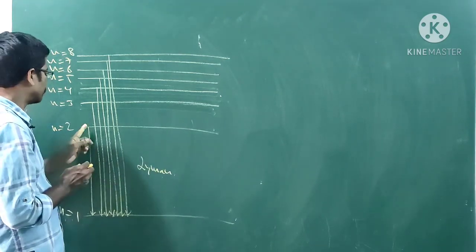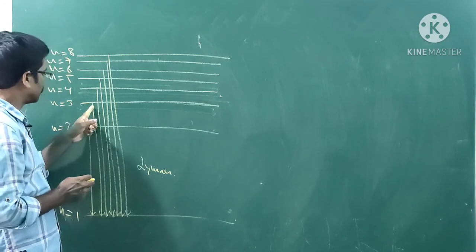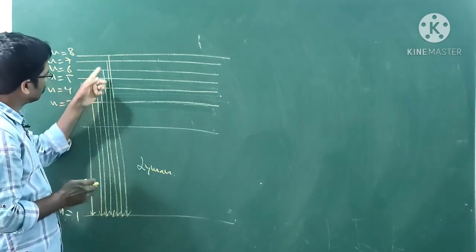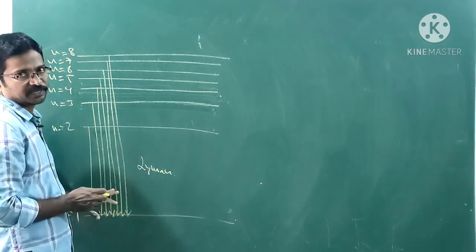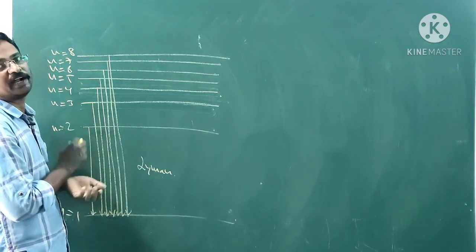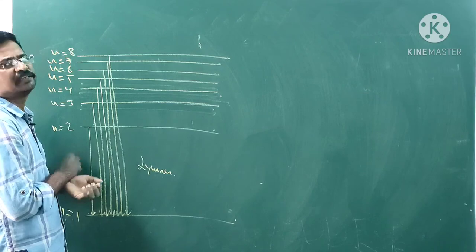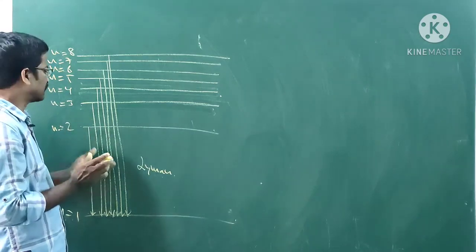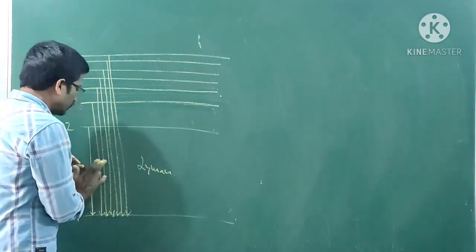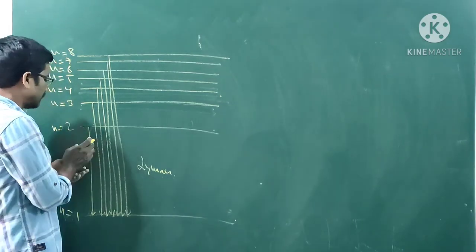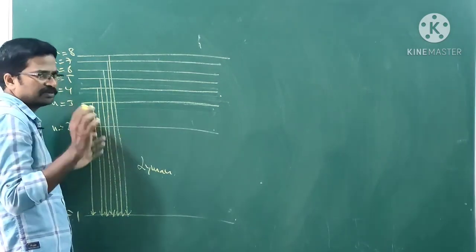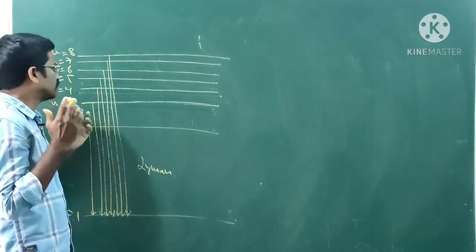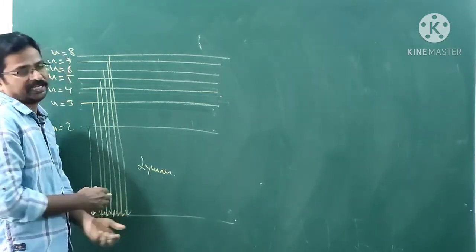These transitions take place in different atoms, not in a particular atom. One atom cannot give all the lines. One particular atom can give one line, another atom can give another. Different atoms give this type of lines.